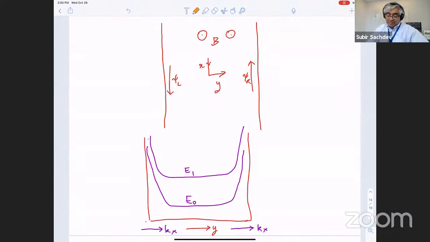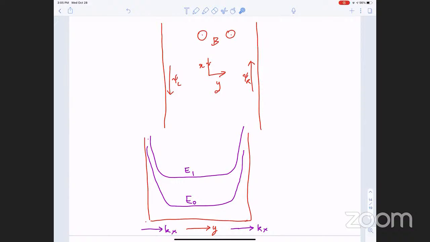On the top is the real space picture, where you have a quantum Hall infinite bar of finite width, but going infinitely in the x direction. There's a magnetic field coming out of the plane of the board. If you have only one Landau level filled, you have a band of right moving fermions here and a band of left moving fermions here at the two edges of the sample.